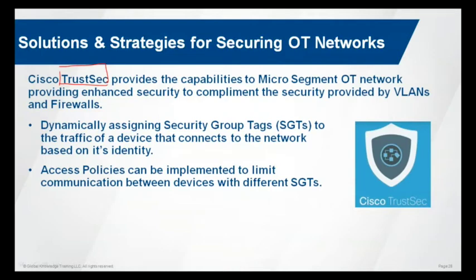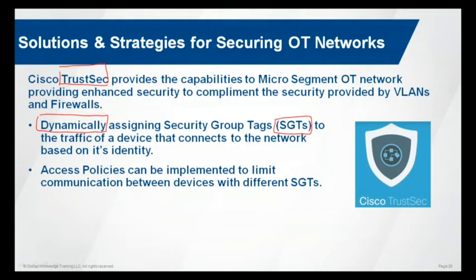TrustSec has the capability to dynamically assign a tag, and this is the key, a security group tag. When the device or the control system connects to the network for the first time, TrustSec will assign a tag dynamically to that device.